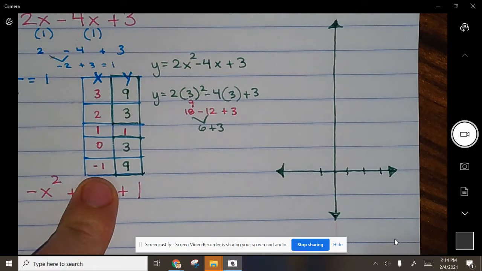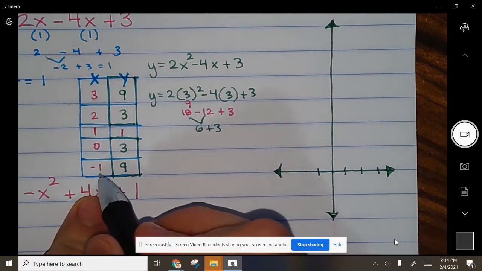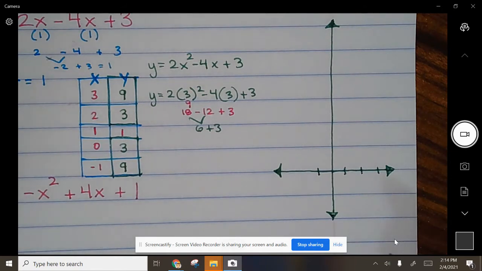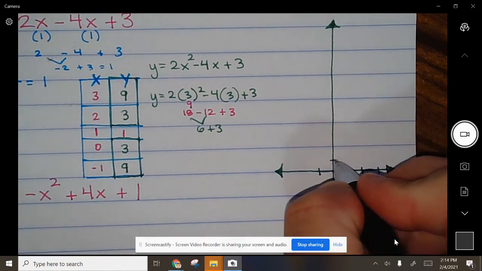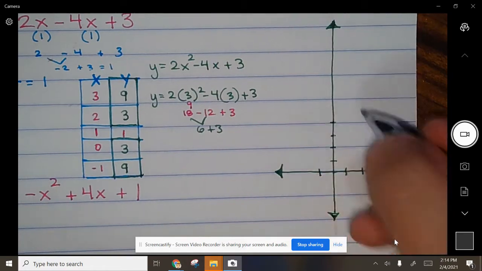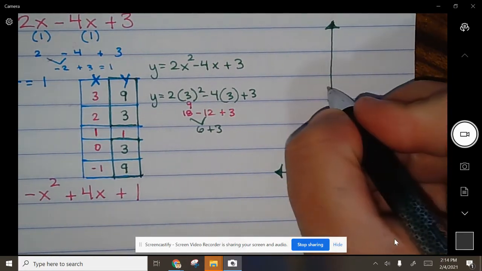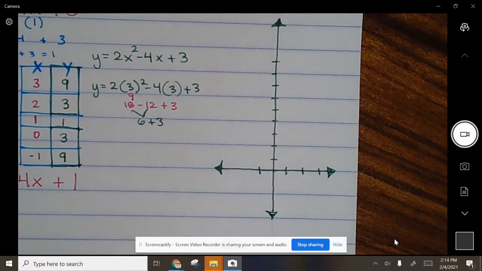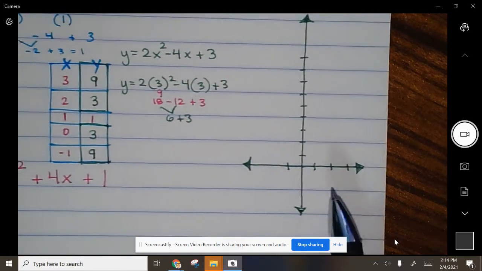Negative 1. So that's basically all the x values I need, if you get that. Negative 1's here. 1, 2, and 3. Okay. And then my y's go all the way up to 9. 1, 2, 3, 4, 5, 6, 7, 8, 9. So technically, those are all the marks I need to use if I'm looking at this right here.